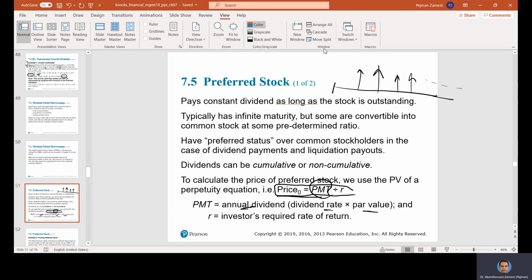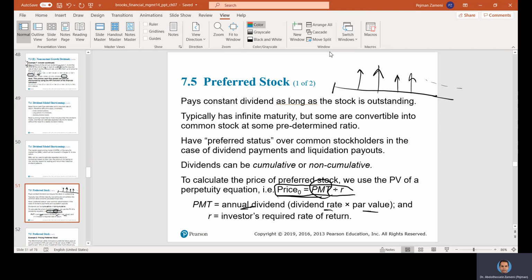Later the preferred stock gets paid, and any residual goes to the common or ordinary stockholders. Dividends can be cumulative or non-cumulative. If the company doesn't pay a dividend and it's cumulative, it will pay later. But if it's not cumulative, then the company will not pay any dividend to the preferred stockholders.